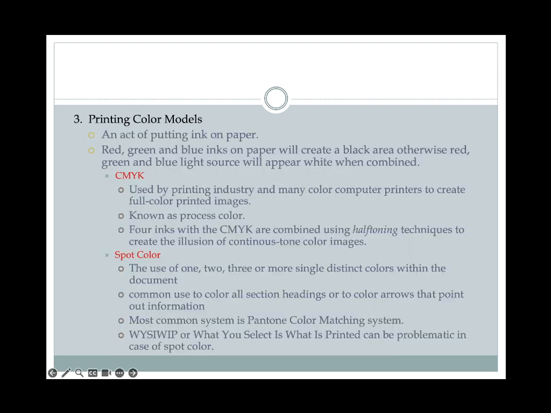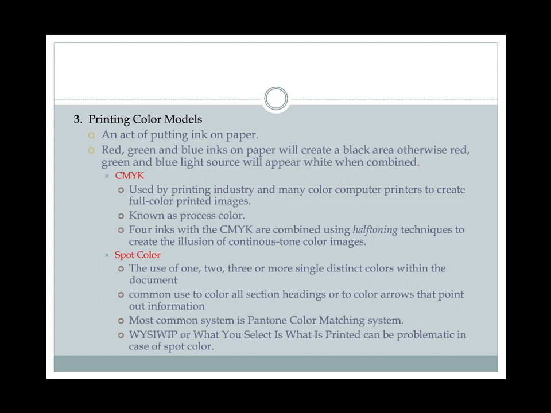And for the printing color models, of course, we are using CMYK, the cyan, magenta, yellow, and black color. And all color printers are not using RGB. The RGB is only for computer monitors. So CMYK is for the printing part.